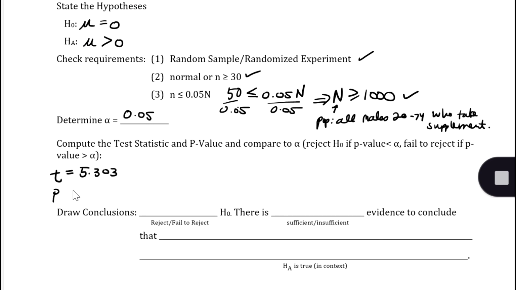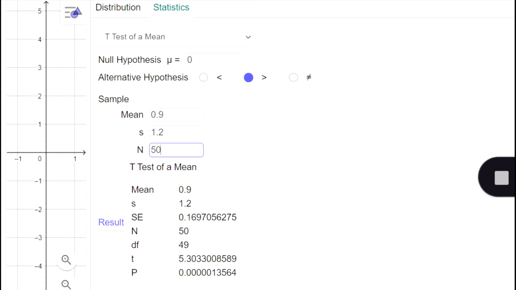And my p-value was the one I had down here at my p, which is when I had the large decimals. I'm going to round to the nearest 1, 2, 3, 4, 5, 6, 7 decimal. So it's going to be 0.00000014.